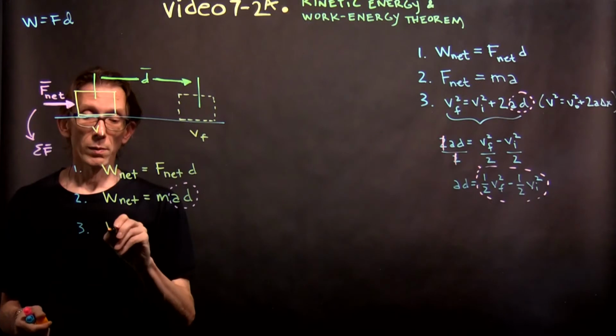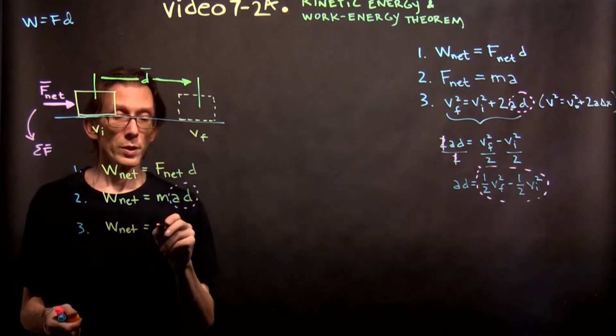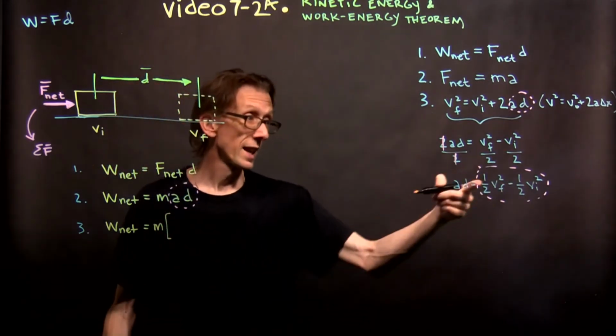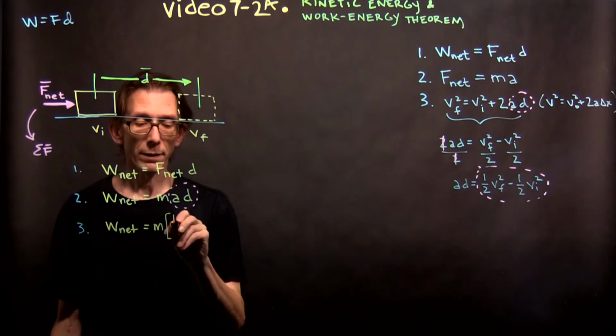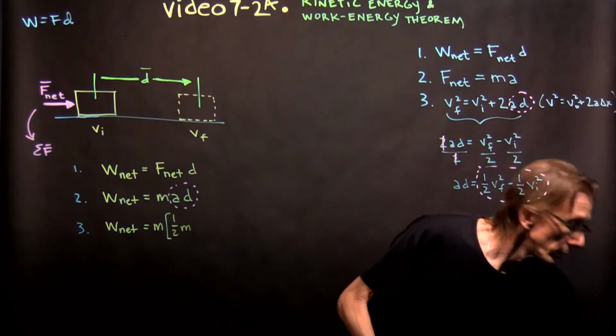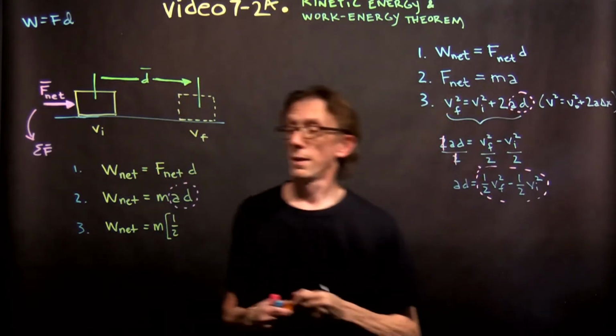So work net now equals M times this thing, right? Because that's equal to AD. 1/2. Jeez. Slipping. I'm slipping, y'all. I'm starting to crack.